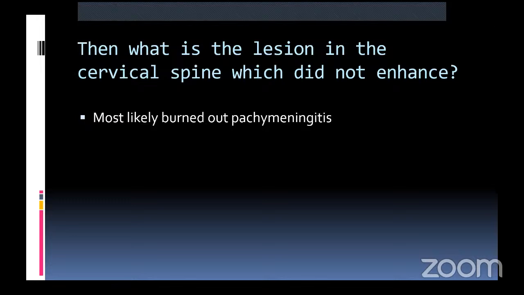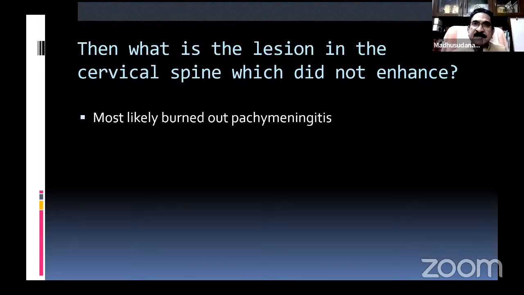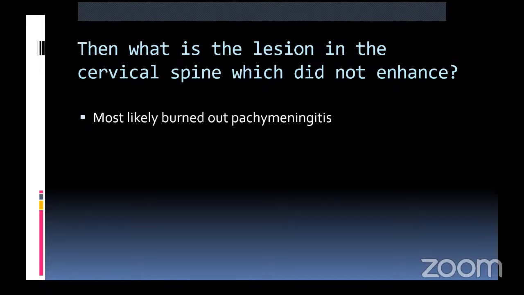Before starting methylpred, do we have to rule out other conditions? Yeah, tuberculosis, that is what I meant. Yeah, exactly, that is why I sent this. Negative. That is all I sent, for tuberculosis.